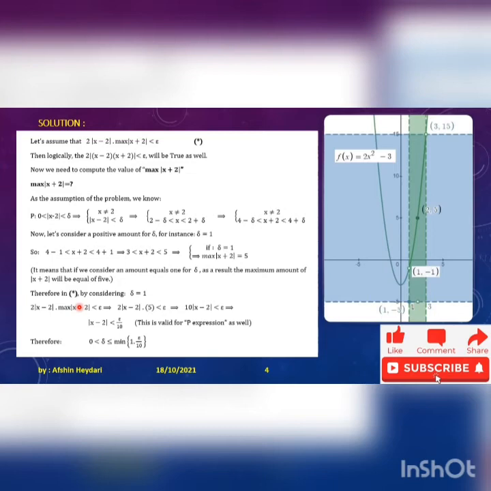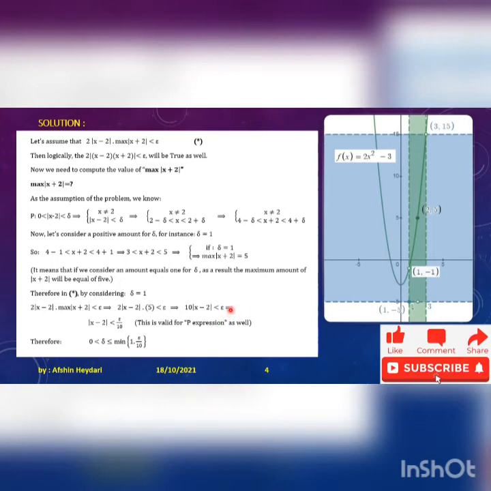We computed this already, it is 5. So we have 2 times 5, 10. 10 times the absolute value of x minus 2 is less than epsilon.